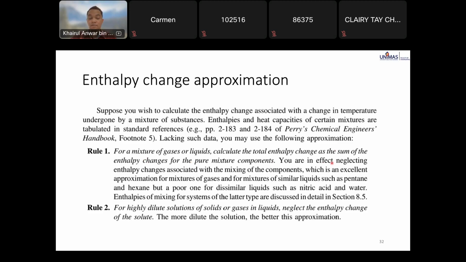You are in effect neglecting enthalpy changes associated with the mixing of the components, which is an excellent approximation for mixtures of gases and for mixtures of similar liquids such as pentane and hexane, but a poor one for dissimilar liquids such as nitric acid and water.